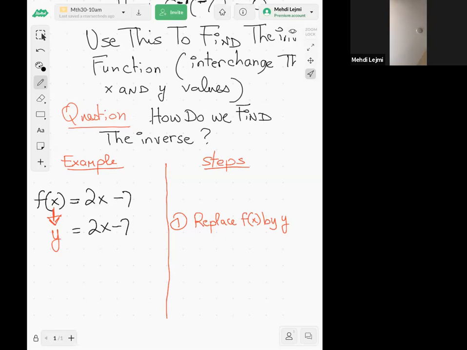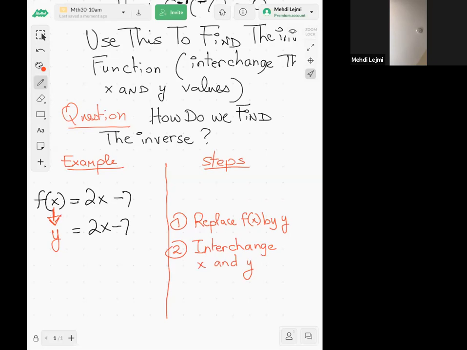Now, as I said, I'm going to use this observation that for the inverse, we interchange the x and y. So in step number 2, I'm going to interchange x and y.